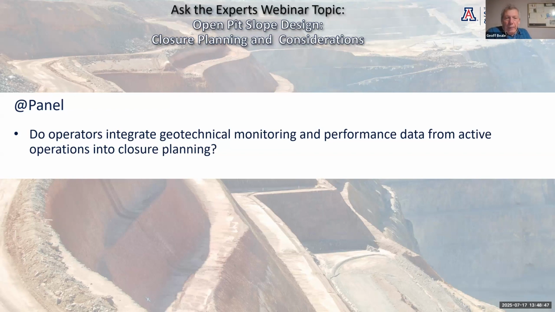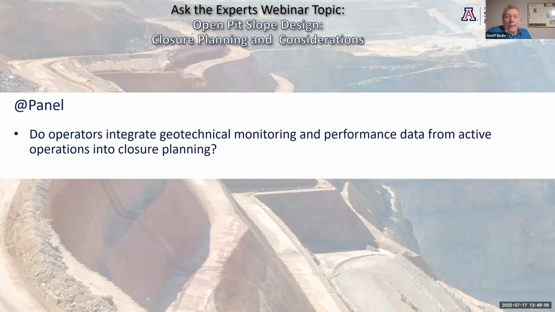So the monitoring data and the performance data you have is absolutely vital as you go into closure, because the pit has to stay. It's the same pit, and it has to perform.